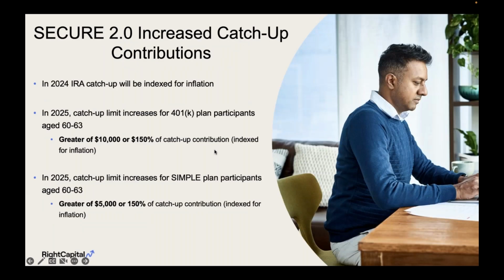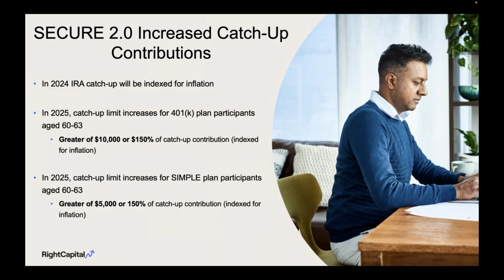So in 2024, for next year, we know that IRA accounts are finally going to be indexed for inflation with that catch-up provision. We saw that the standard contribution grew each year, but that catch-up just remained static for a long time. So now, of course, the benefits are going to be available for clients over 50 to contribute more than they could have previously with that additional catch-up provision.